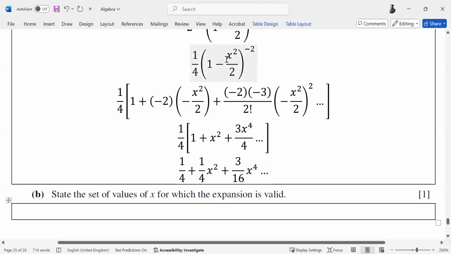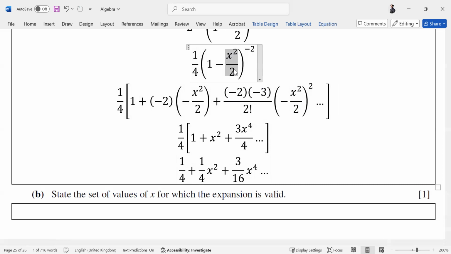For the expansion to be valid, the magnitude of the second one must be less than 1. Is that right? Yes. The magnitude of whatever the second term is must be less than 1. What is the second term in this case?